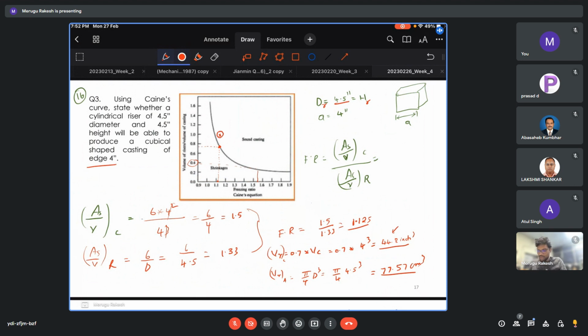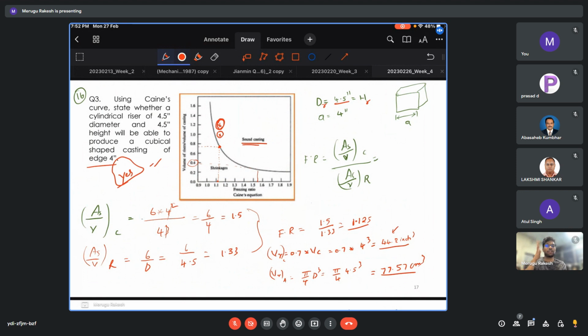Let me do that: 77.57 divided by the volume of the casting, that is 4 cube. That is 1.2. So somewhere here it is, which is a sound casting. Okay, so yes, that is how we can also verify. It's like a verification thing.